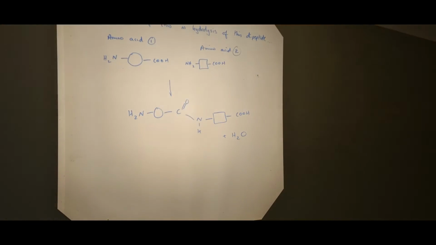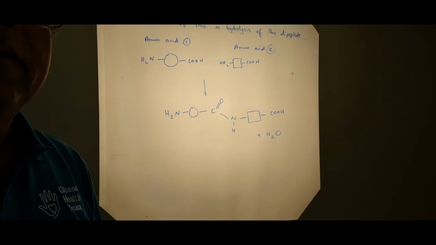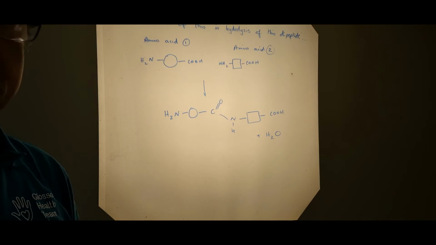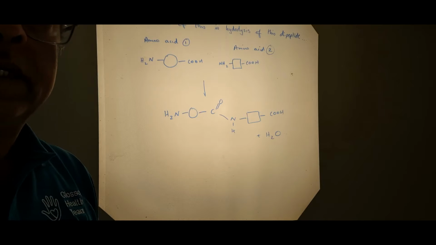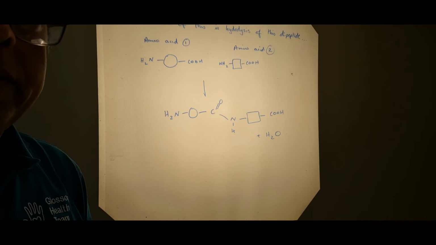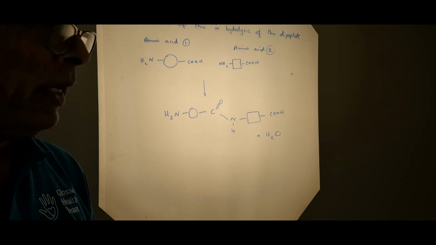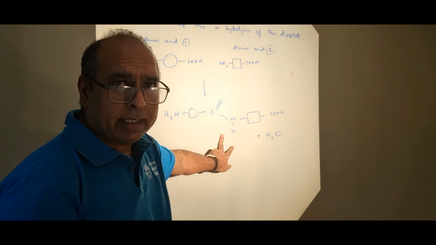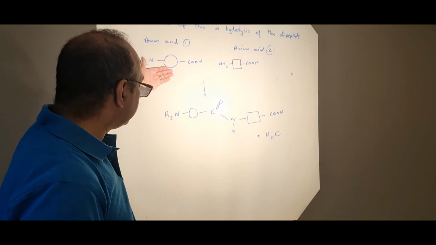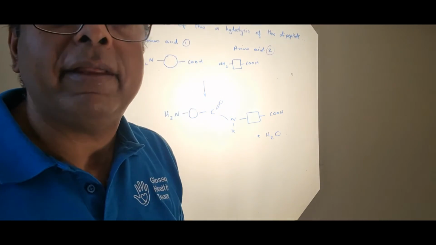The circle represents the rest of the molecule, the square represents the rest of the molecule for amino acid 2. And when they come together, regardless of which amino acids it is, they will come together with the amine of one amino acid reacting with a carboxylic acid of the other. And consequently that makes that peptide link. So the peptide link will link amino acid 1 with amino acid 2. And we can carry that forward.